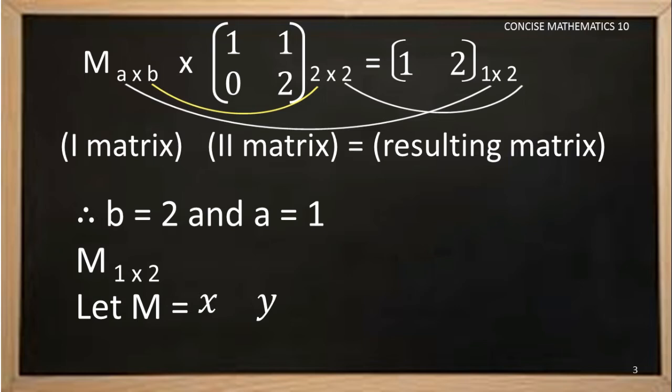Hence A will be equal to 1 and B will be equal to 2. So now the first sub-question is solved, that is the order of the matrix M is 1 by 2, 1 row, 2 columns. So let us define the elements of matrix M as X and Y. 1 row, 2 columns. So it is X and Y.